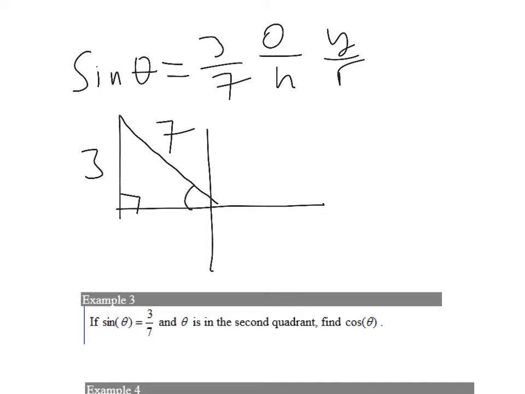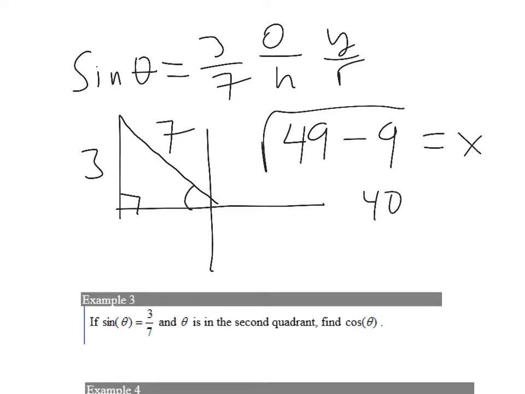Remember, it's a squared plus b squared equals c squared, or I can take c, the hypotenuse, square it, 49 minus 9, because 3 squared is 9, and then I'm going to take the square root, and that'll tell me what x is. Notice that I'm getting 40 again, which is going to be 2 square roots of 10.